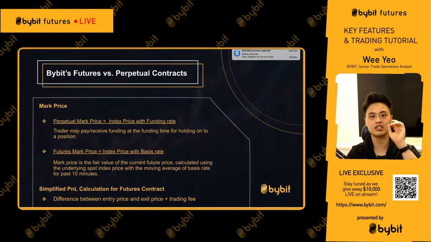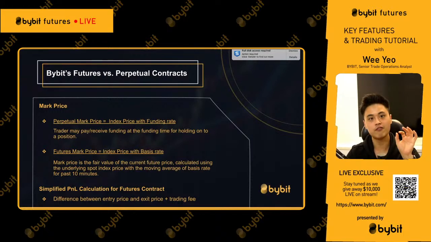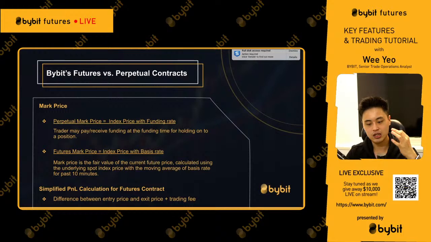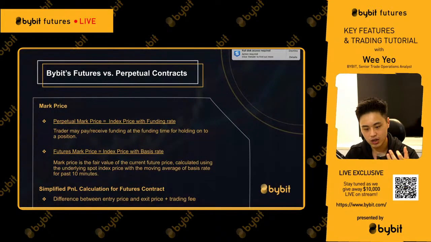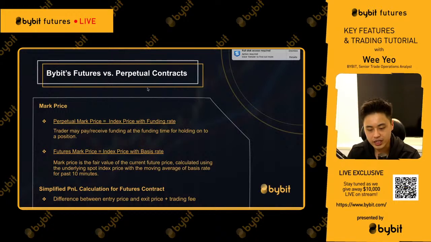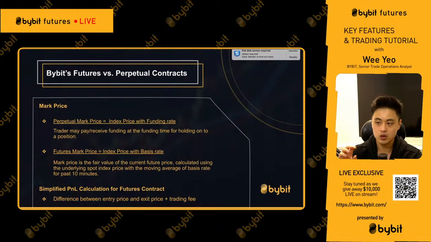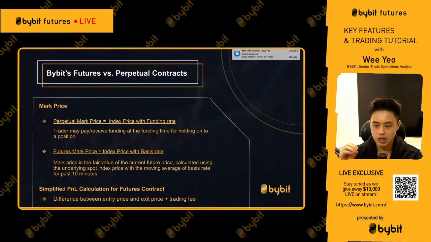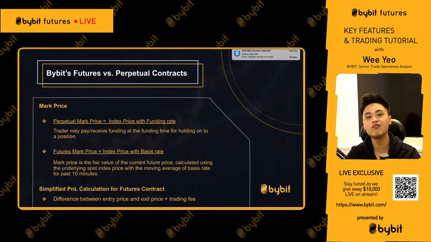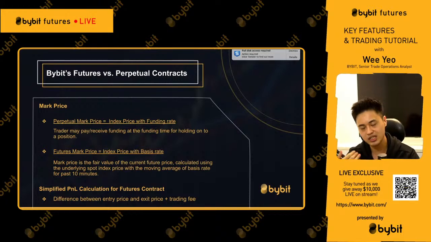In this context, the spot index price uses a similar construction to the perpetual, with the moving average rate for the past 10 minutes. I'm not going to go into details for the construction of the basis rate. My colleagues have already shared a detailed article about this basis rate, so if you are interested, please visit this page. For those complex math calculations, leave it to our very experienced engineers to formulate, and for us, we just enjoy the product.